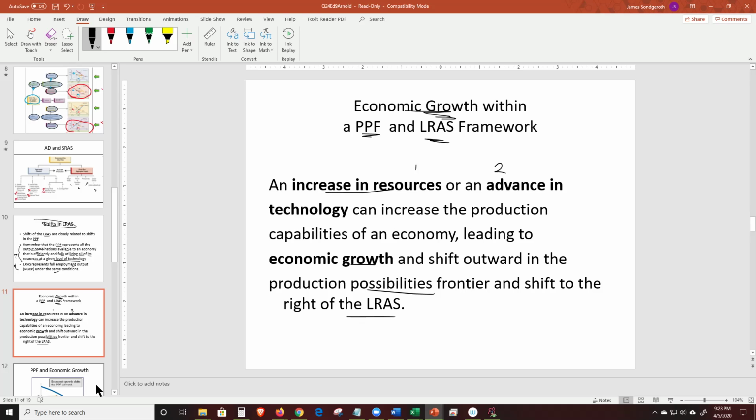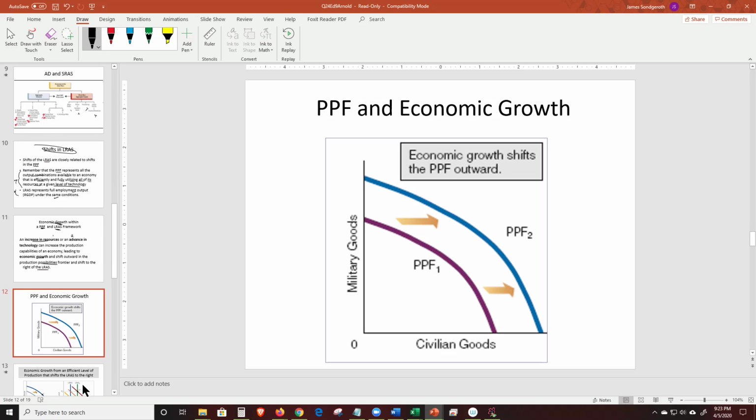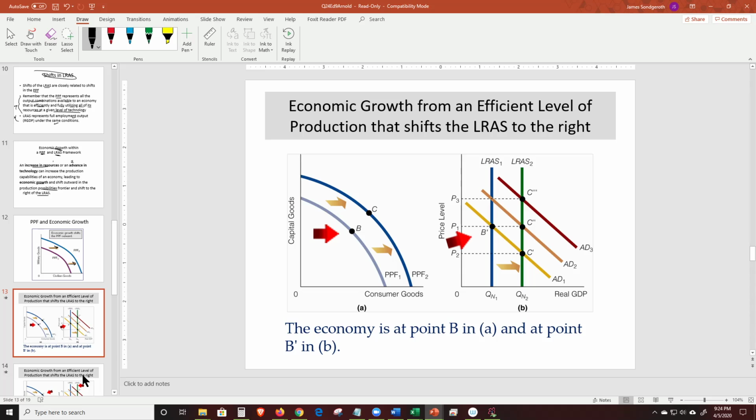So pretty much the same things we said would cause growth in the PPF context will cause growth in the LRAS. Improved technology and improved resources shift the long run aggregate supply curve out, okay?